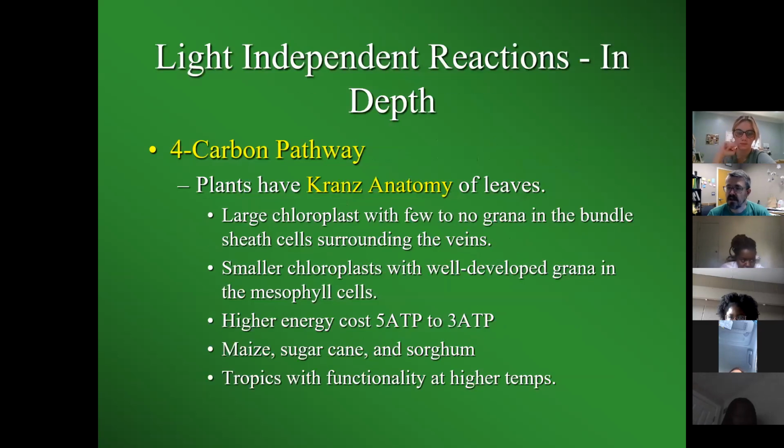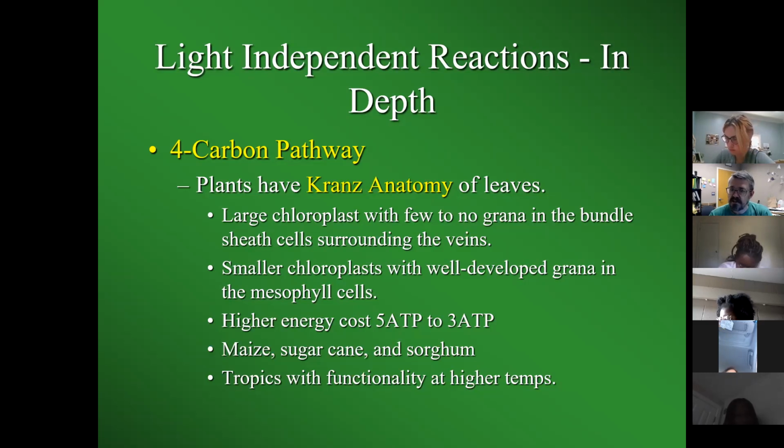Now, there is a way to make something with 4 carbons, and we have specialized structures in these plants. So things like grasses, the grass family, have this C4 photosynthesis or a 4 carbon pathway. So I usually will refer to this as C4 photosynthesis.